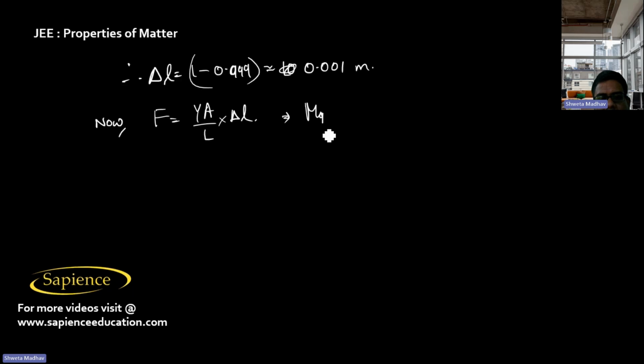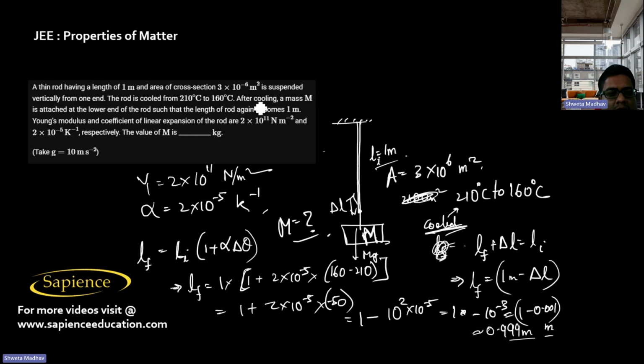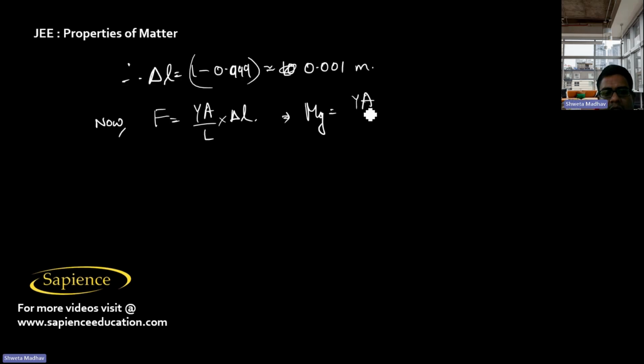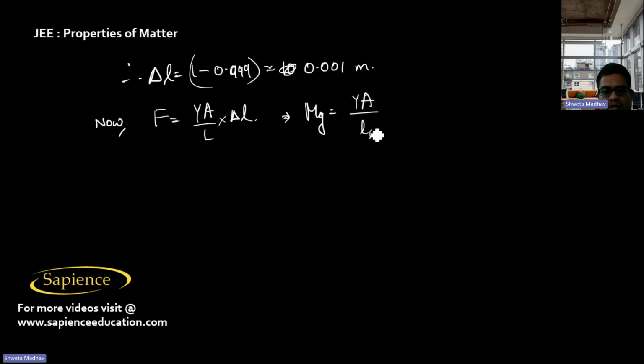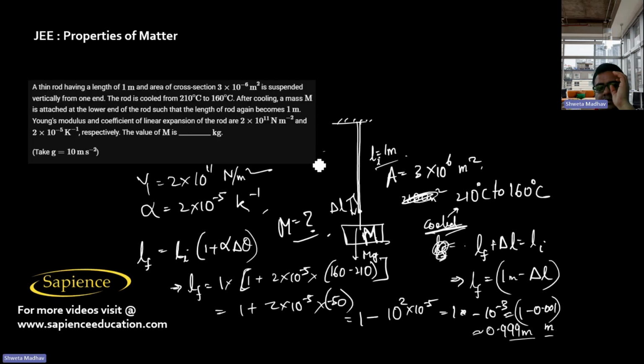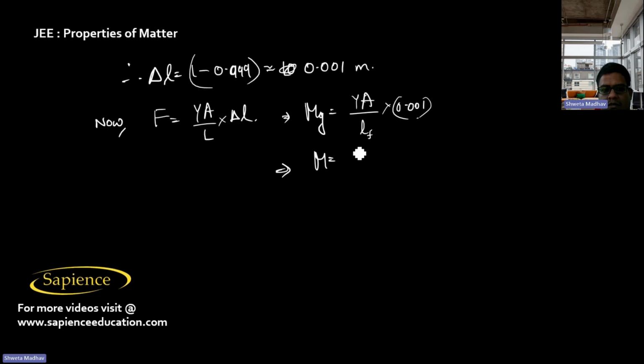So mg is equal to YA, area of cross section A, by L. It is L final only that we have to take, into delta L, 0.001. Then we have to find out the value of the mass m. So this m will be equal to YA by 0.999 into 0.001 into 1 by g, that is 10.